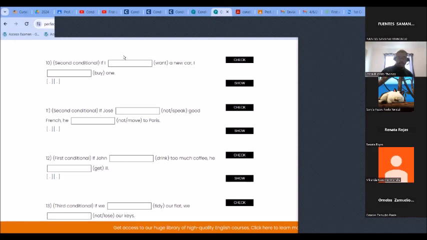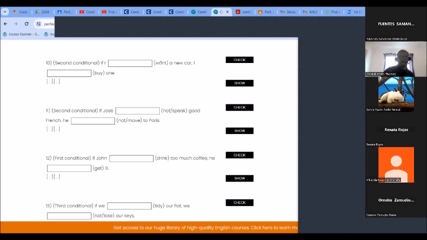All right, with the second conditional, what you need is if plus the past simple.